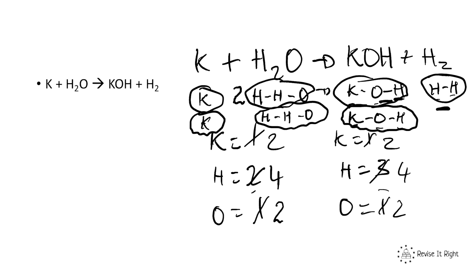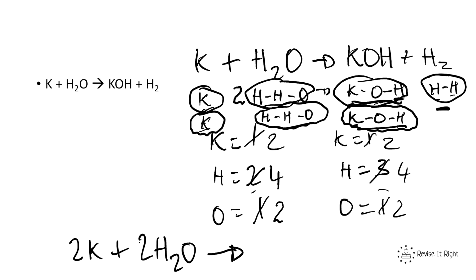So we've got 2 lots of K, so we're going to write 2K, plus 2 lots of H2O, so 2 H2O, an arrow, we've got 2 lots of KOH, so 2 KOH, plus, we've still only got 1 lot of H2, we haven't altered that, so H2, and that is now balanced.